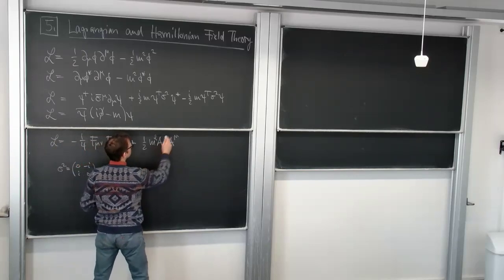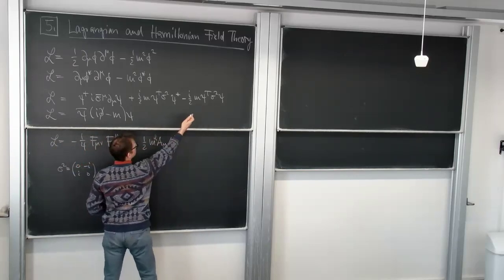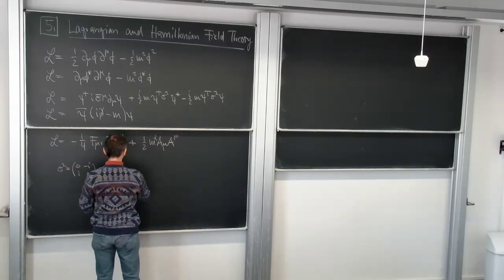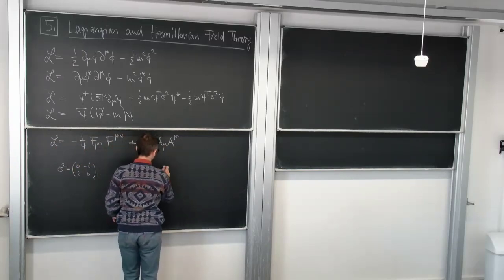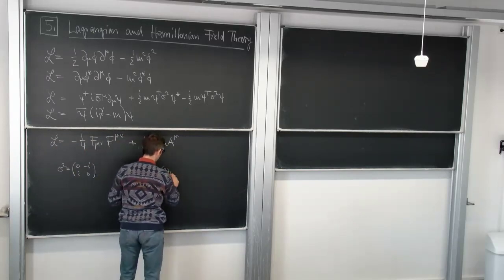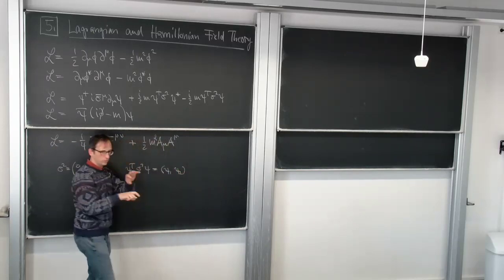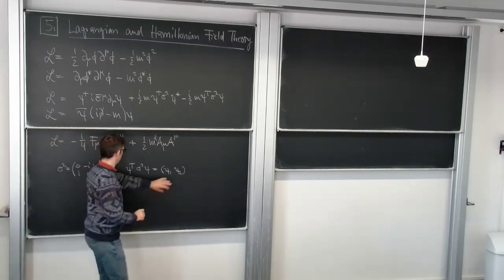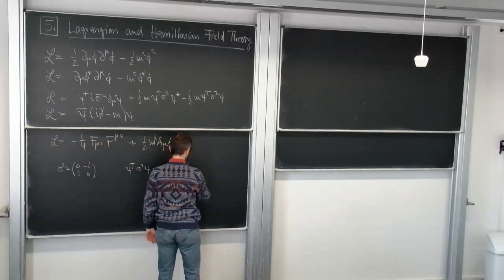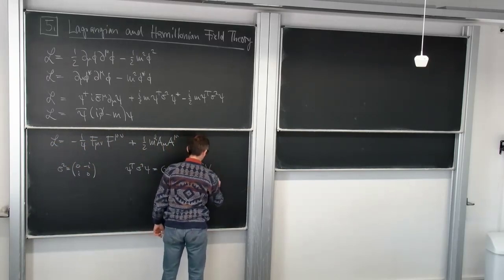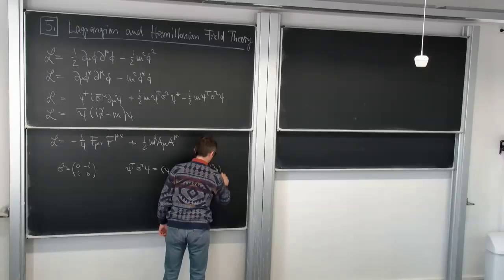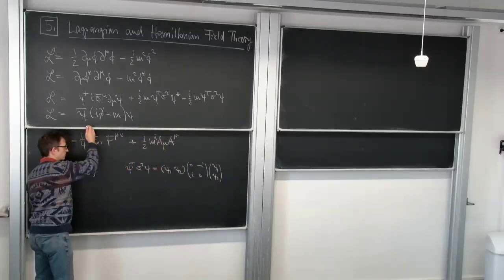I'm picking this term because there's no complex conjugate, so it's easier. This is the transposed psi 1, psi 2, the two components of my two-component Weyl spinor, put into a row. Then comes this matrix, and then the same Weyl spinor but vertically.